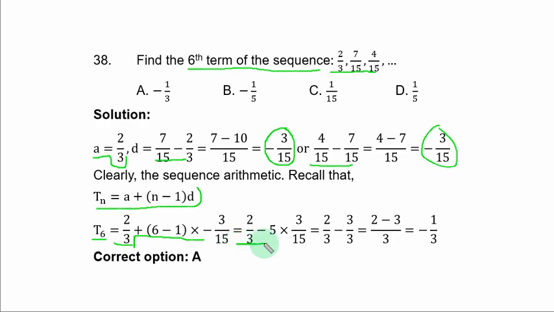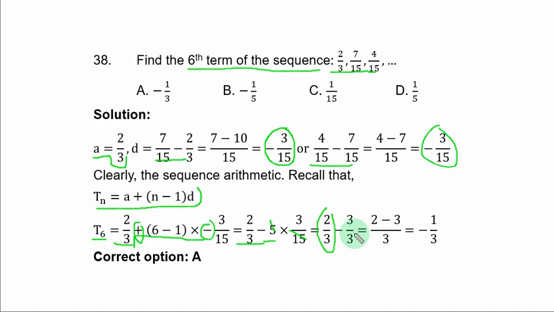Then we have this minus times this plus becomes minus, then 6 minus 1 is 5, times 3 over 15. Divide 5 and 15 by 5, you are left with 3 here. So you have 2 over 3 as the first term minus 3 over 3.